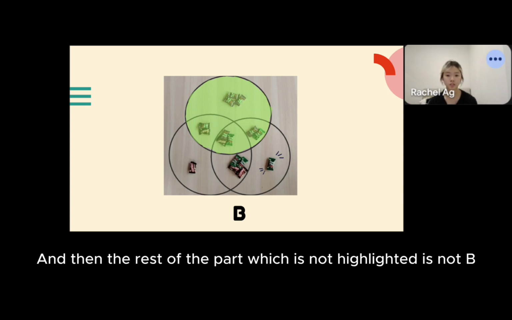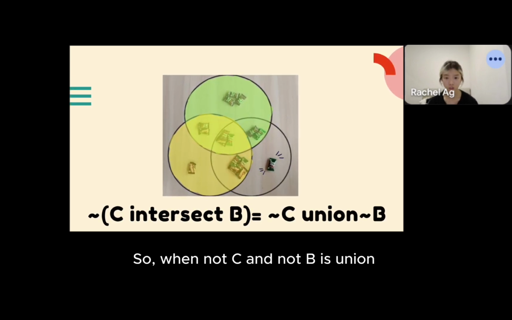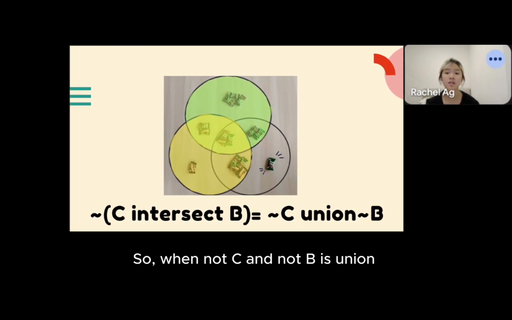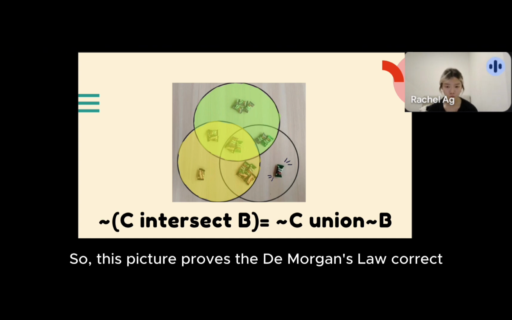And then the rest of the part which is not highlighted is not B. So when not C and not B are united, then we will get the answer which is not C intersect not B. So this picture proves De Morgan's law correct.